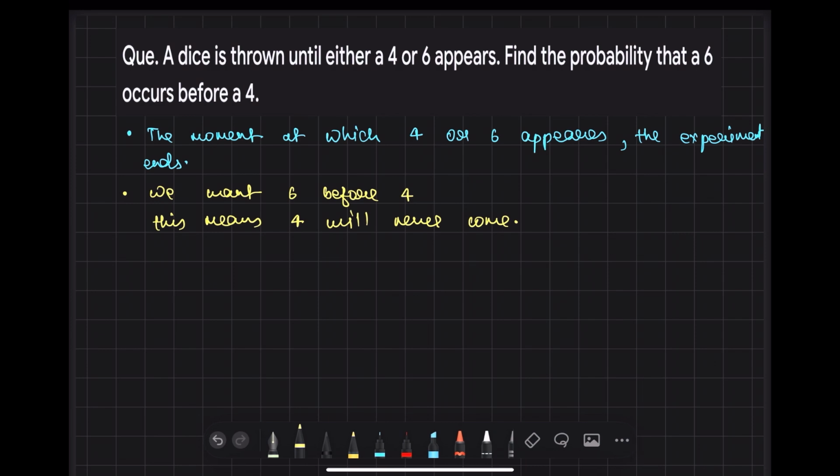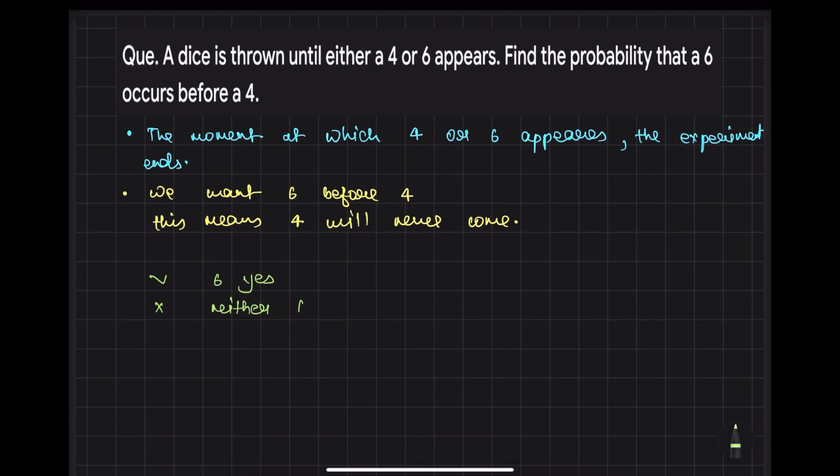Now try to understand this part. So if I am writing this, it means you are getting 6 and it's yes. Now if I am writing no, this means neither 6 nor 4. Okay, so this is the idea that you have to consume.